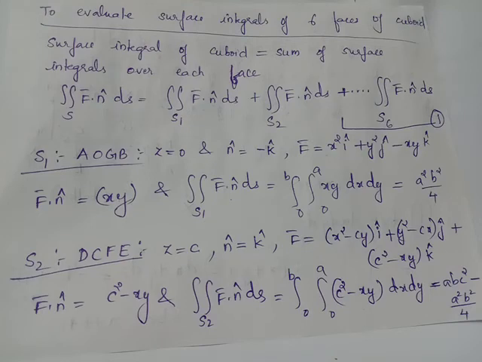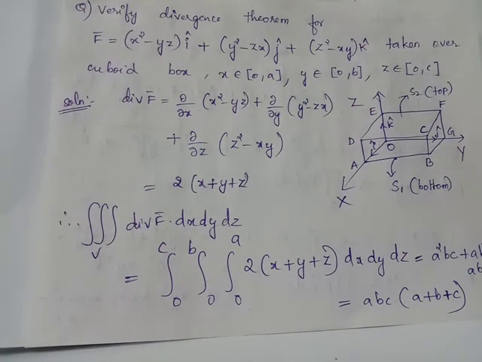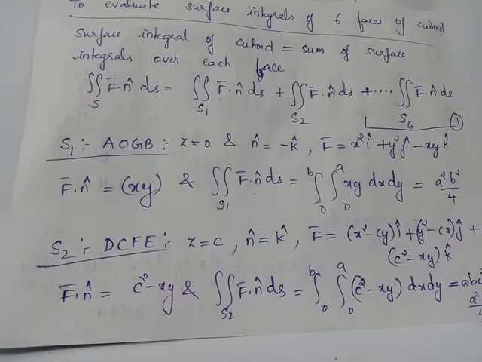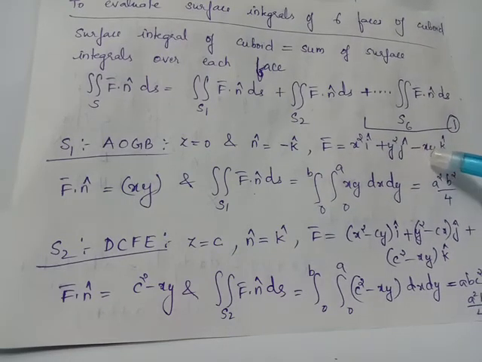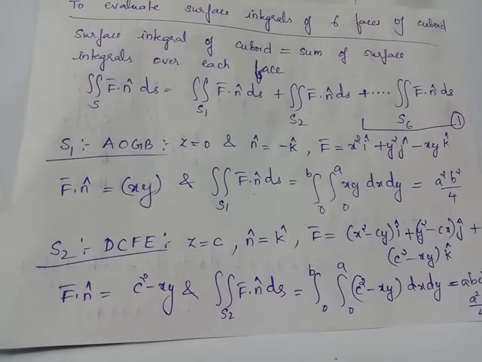Therefore, for the surface S1, in this expression of vector field, you will give z equals 0, so that the expression of vector field reduces to f bar equals x square i plus y square j minus xy k, and you will take the dot product between f bar and n cap, where n cap equals minus k. When you take the dot product between these two, you obtain xy.